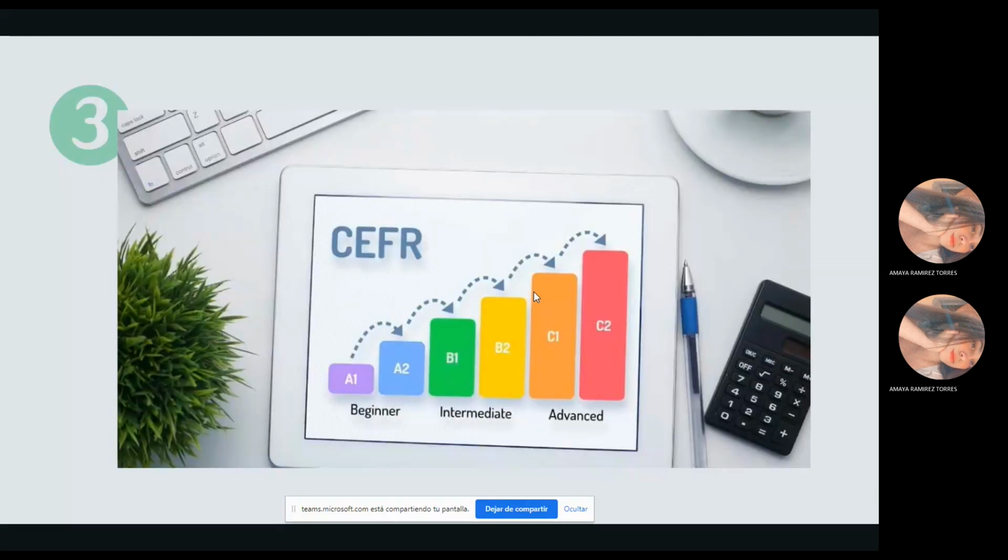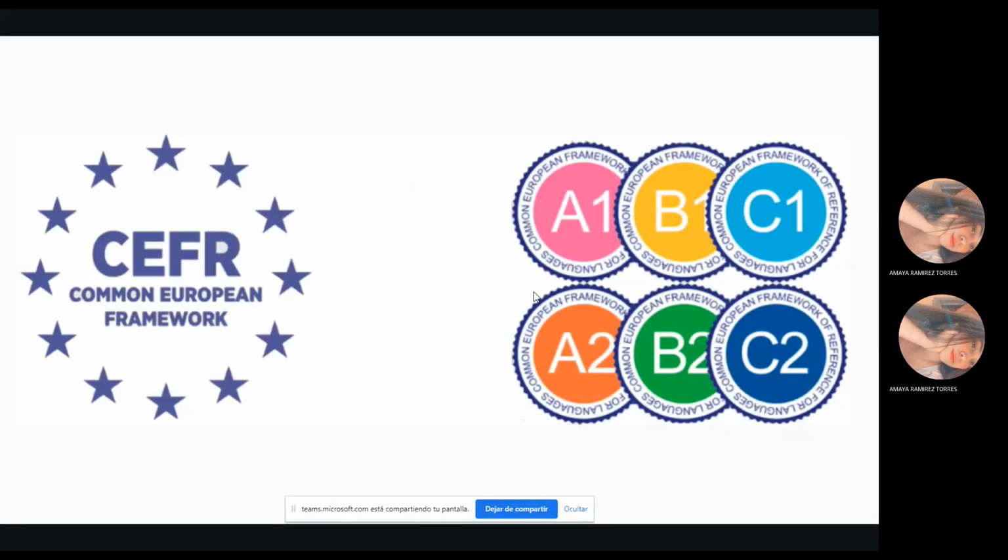Here we have a small graph of the CEFR levels. We have A1, A2, B1, B2, C1, and C2. A1 and A2 are for beginners, B1 and B2 for intermediate, and C1 and C2 for advanced. Also, Cambridge bases its exams on the CEFR.